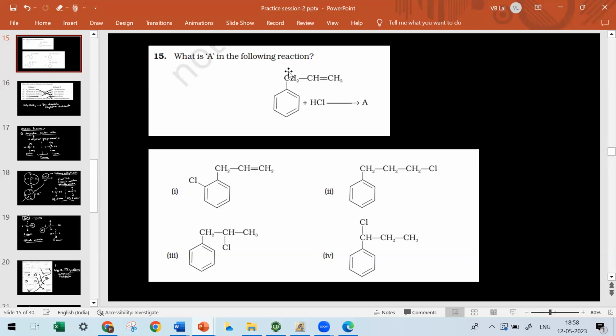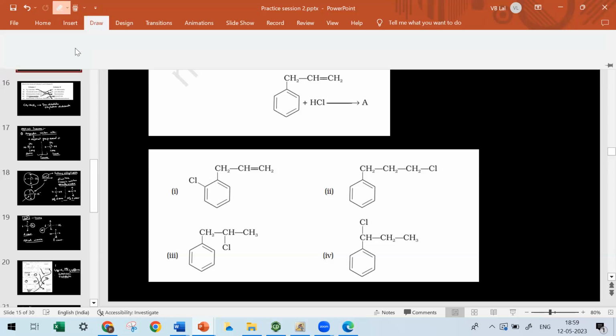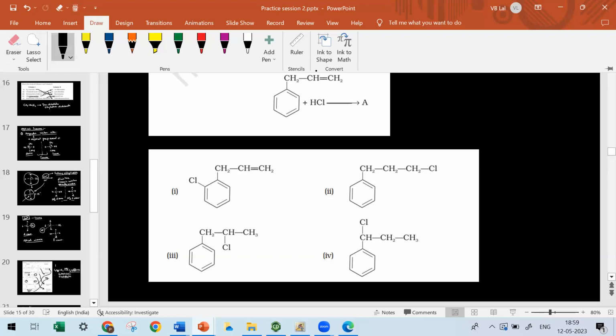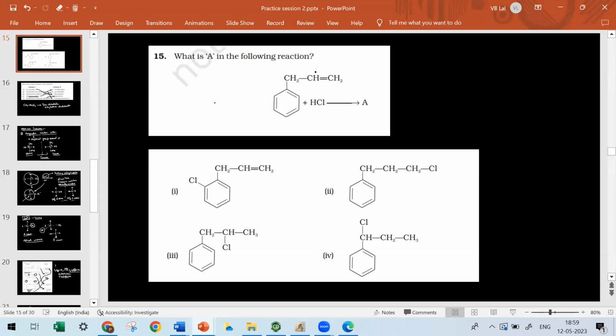What is A in the following reaction? First of all, what type of reaction is happening here? Is it a substitution reaction or an elimination reaction? What will HCl do? Ma'am, it will be addition. Very good. It will be addition reaction. Now, what will be the product?